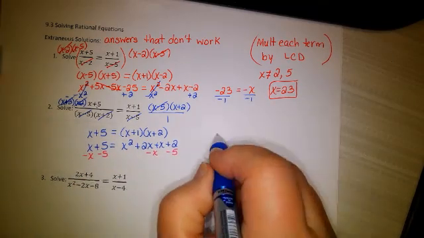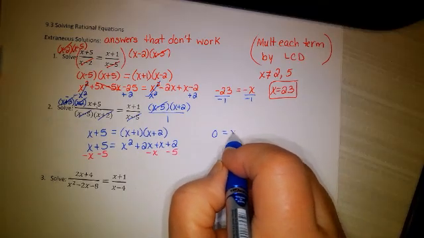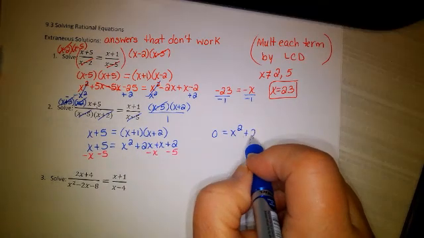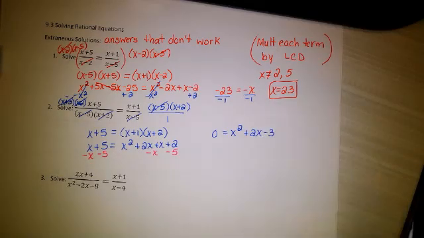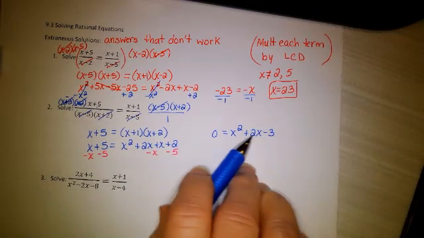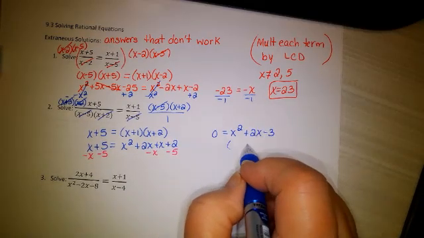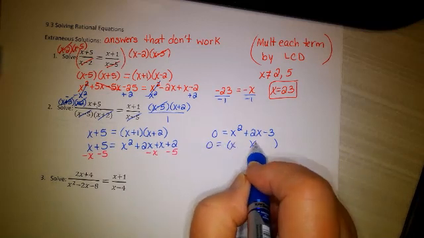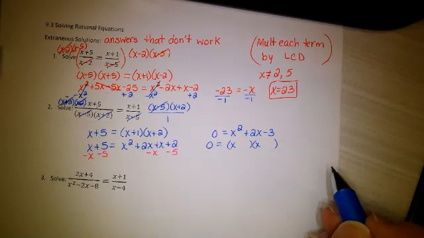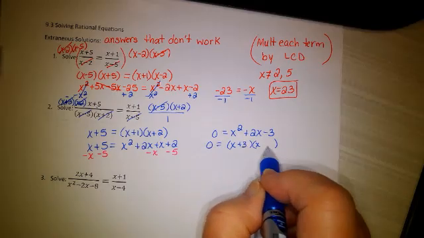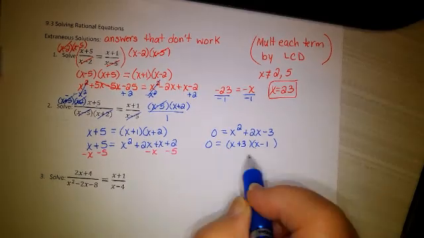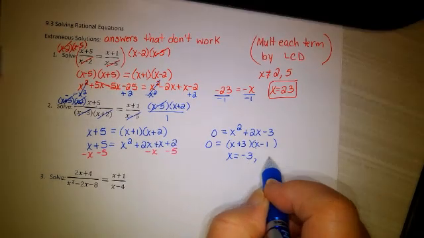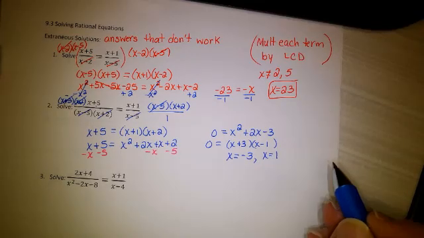So now it says 0 equals x squared plus 2x minus 3. And now we've got to solve this quadratic. So we're going to factor. Are there factors of negative 3 that'll add up to positive 2? I think so. Plus 3, minus 1. So my solutions are x equals negative 3 and x equals 1.